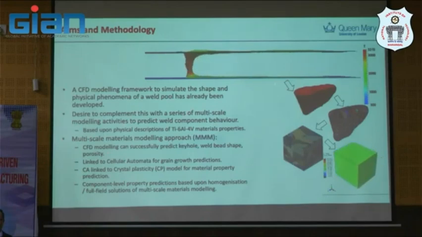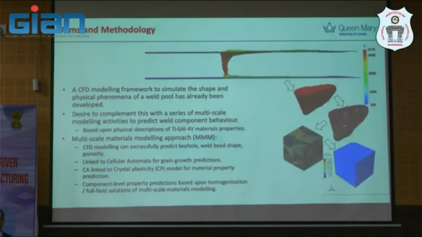So based on the thermophysical property and physical description of titanium 6-4 material property, we can actually gain insight into the material behavior, especially the property. Like this, this is the weld pool dynamics. This is a weld pool envelope here with the crown and the toe, and we try to predict the microstructure, what happened.